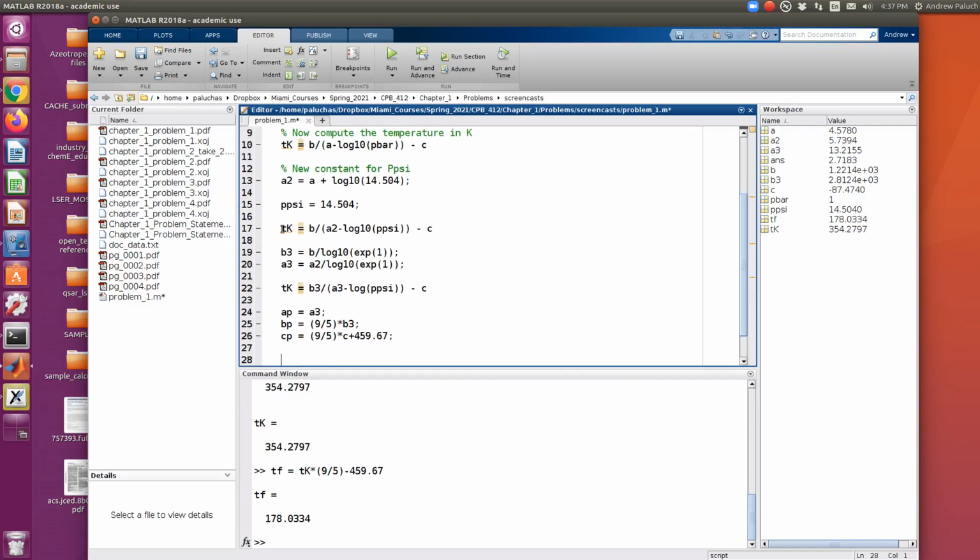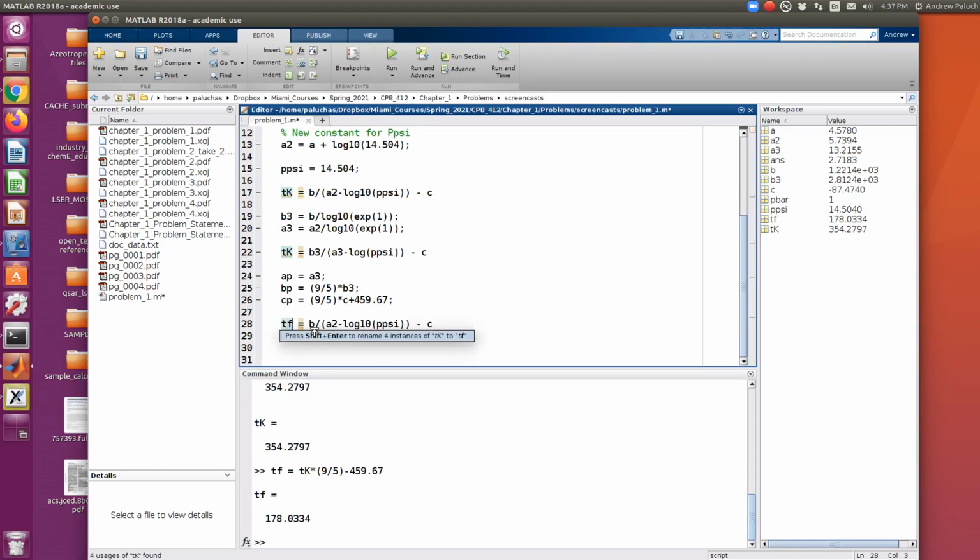Now what should happen is our new equation gives an output of temperature in degrees Fahrenheit with constants B prime, A prime, we want natural log of pressure in PSI, and this would be minus C prime. So we have natural log of our input pressure in PSI, new constants B prime, A prime, and C prime, and that should yield temperature in degrees Fahrenheit.